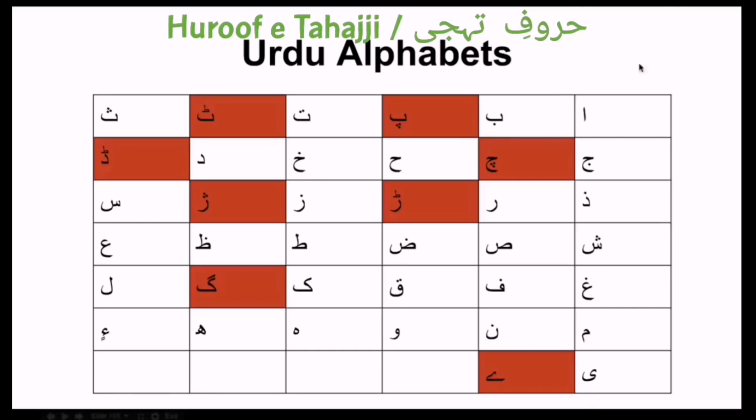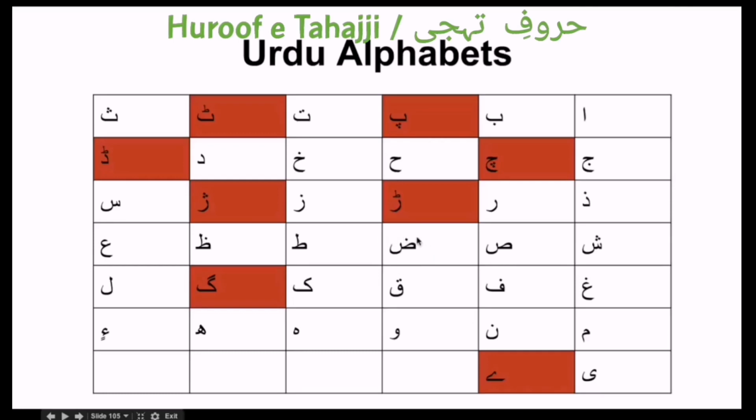So what are those letters? These are letters like pa, ta, jim, dal, da, ja, ga, ye. These are not there in Arabic, and the rest of the letters are there. And certain letter pronunciations are also different.